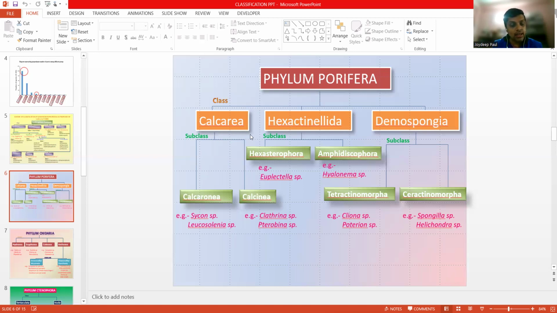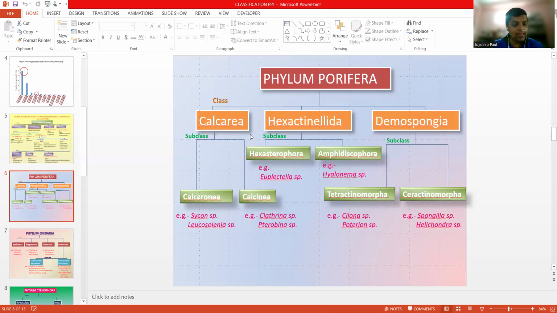Now, class Calcarea can be further subdivided into two subclasses. Subclass 1, Calcaronea: spicules triaxon or three-rayed. One ray is larger than the others. Example is Sycon species, commonly known as crown sponges.